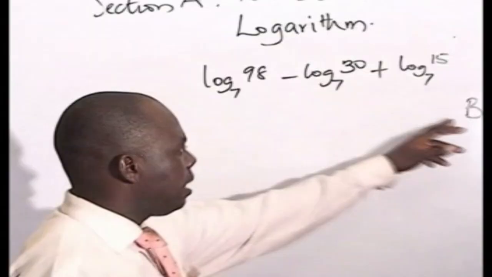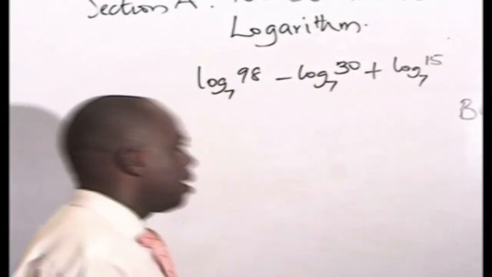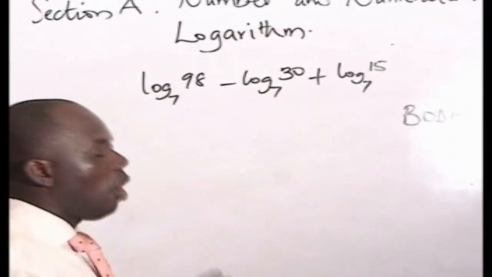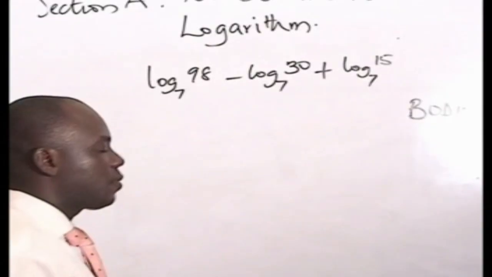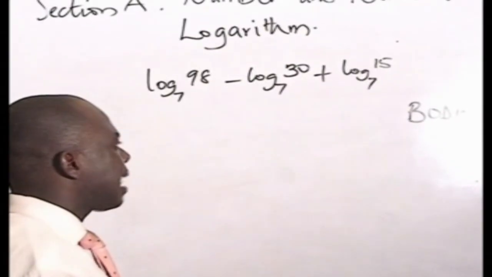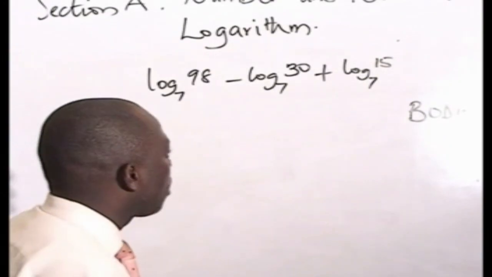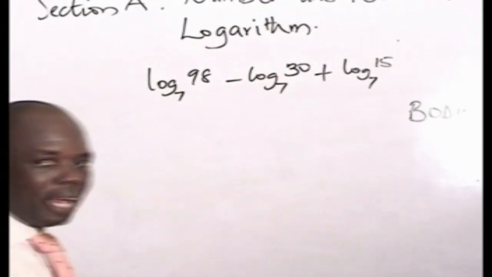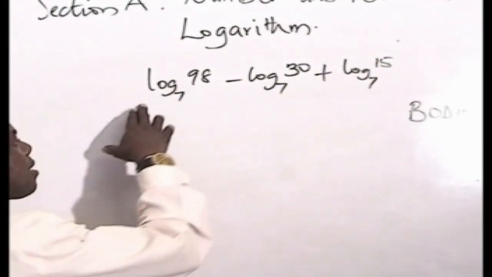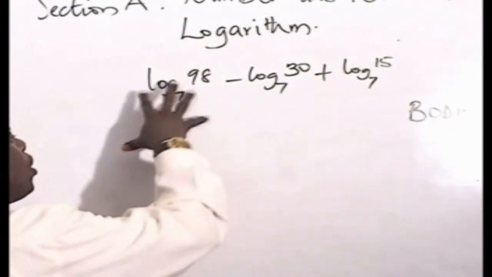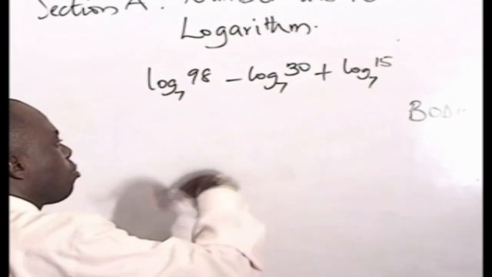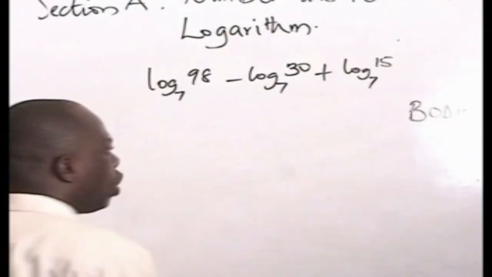B stands for bracket, O stands for of, D stands for division, M stands for multiplication, A stands for addition, and S stands for subtraction. This question can be rewritten such that it will be easier for you to obey the law of BODMAS.